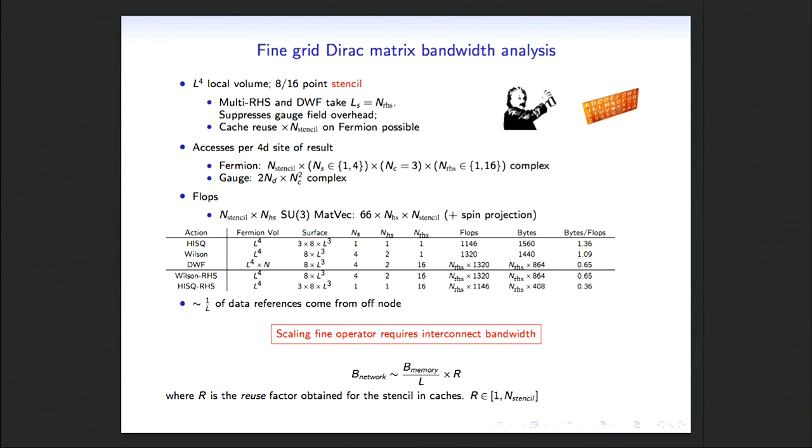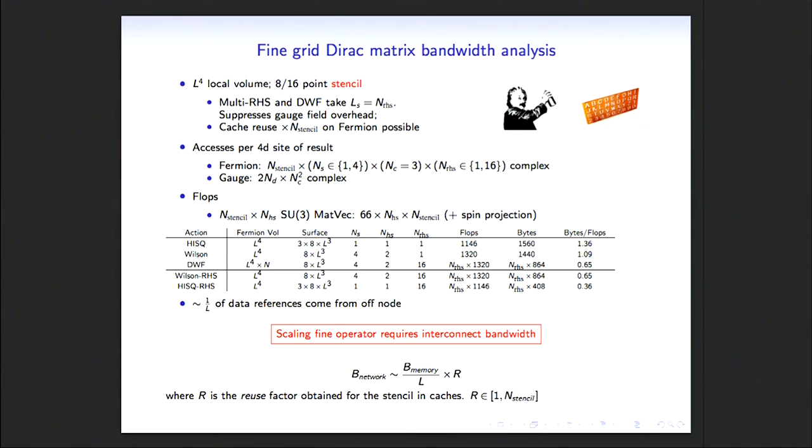Surface to volume ratio on that node, so when we apply a nearest neighbor stencil operator, we know that if you have L points in each direction and you apply a single hop finite difference operator, 1 over L of those points have to come from off the node. So that will tell you clearly the ratio between at least the cache bandwidth if this stencil operator is living in cache because of the reuse. If you have a 9-point stencil, each data element fetched will contribute to 9 of its neighbors.